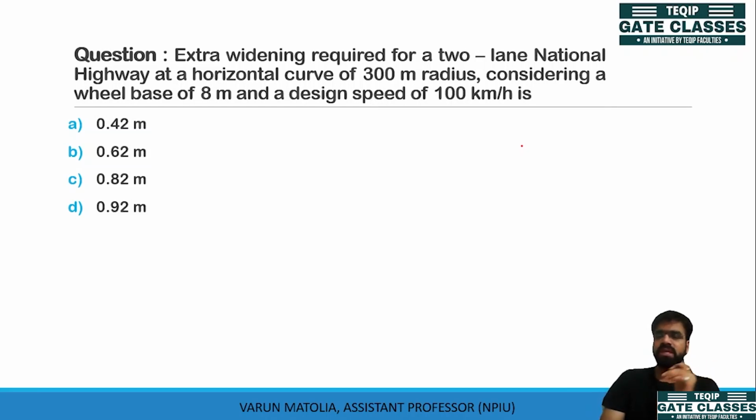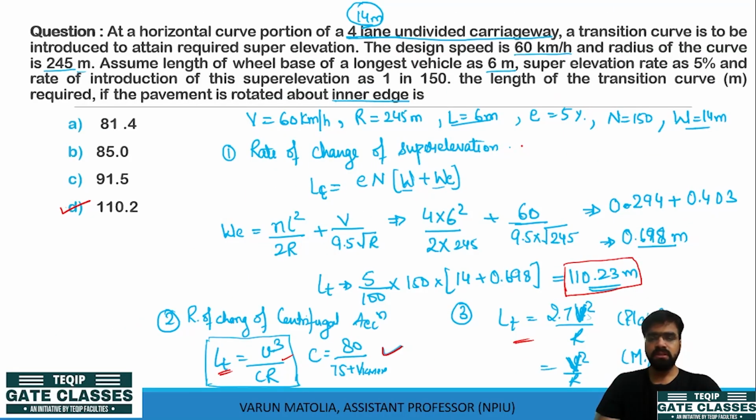Okay, so here is the question about extra widening required for a 2-lane national highway at a horizontal curve of 300 meter, considering a wheelbase of 8 meter and a design speed of 100 km per hour. We have already calculated the extra widening here. You know the formula.